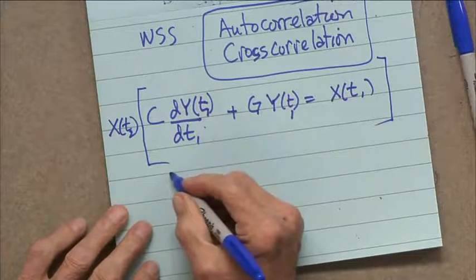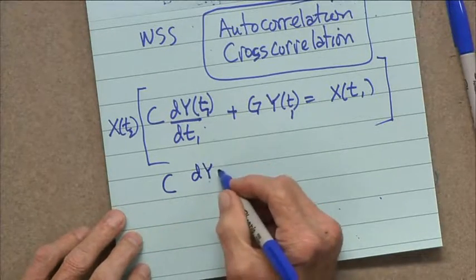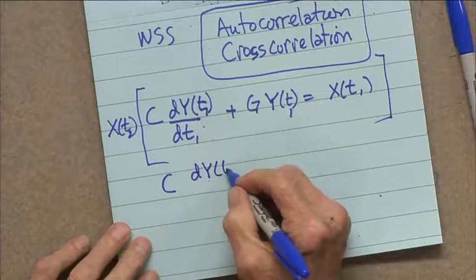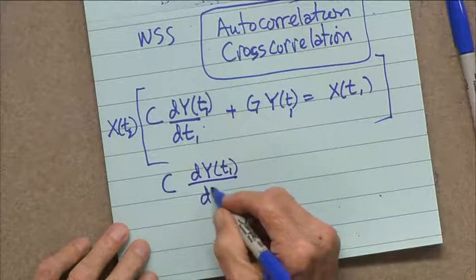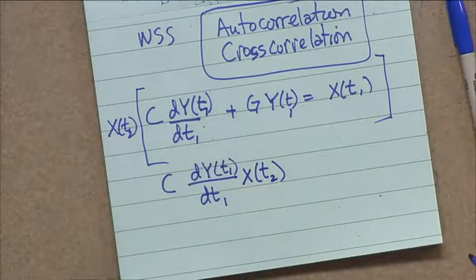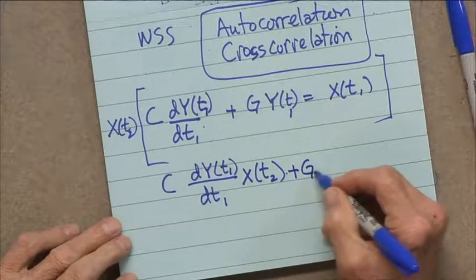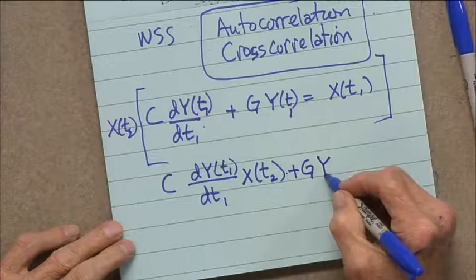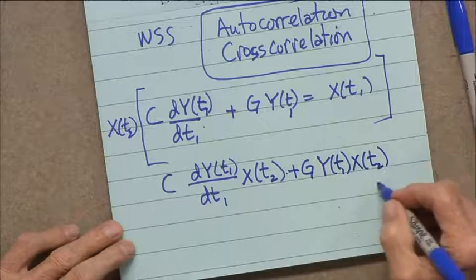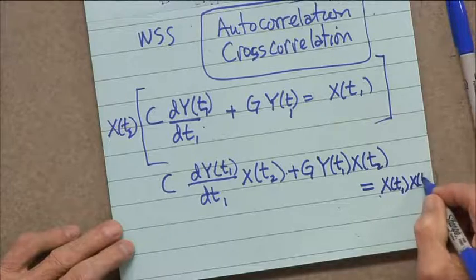And so I would say C dy, y is a function only of T1, dt1 times X of T2 plus G y of T1 X of T2 equals X at T1 times X at T2.